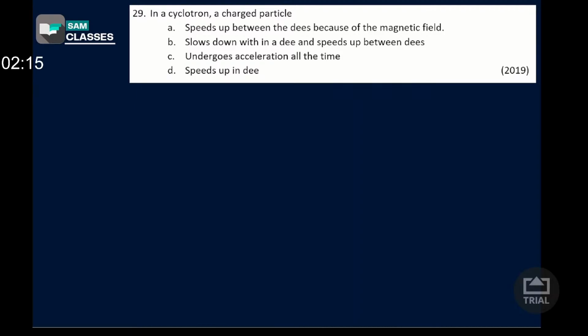Chalo, let's see what are the answers. A lot of people wrote C, C, C. What about others? Is it C or is it different?